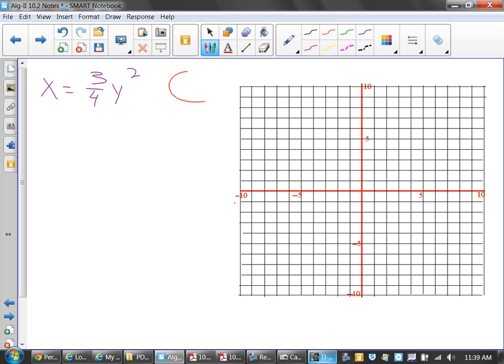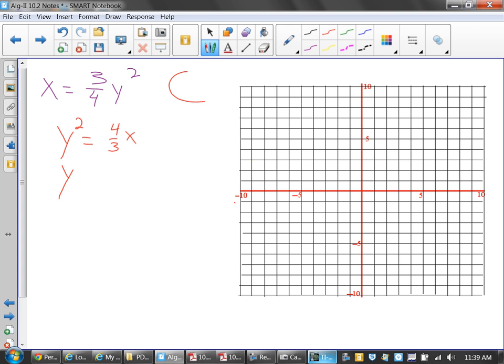Now, we need to get y squared by itself. To get y squared by itself, y squared is going to equal 4/3 x. Is everybody okay with that? So now, I just multiply both sides by the reciprocal.